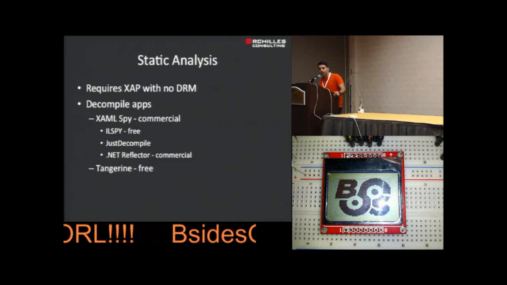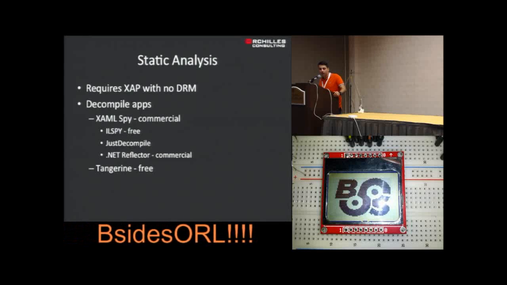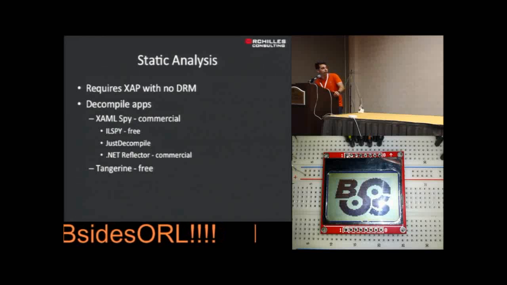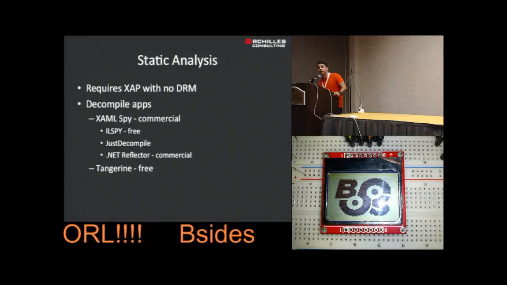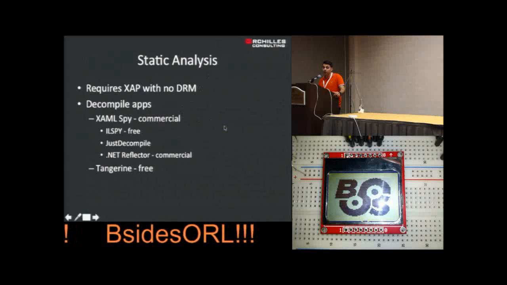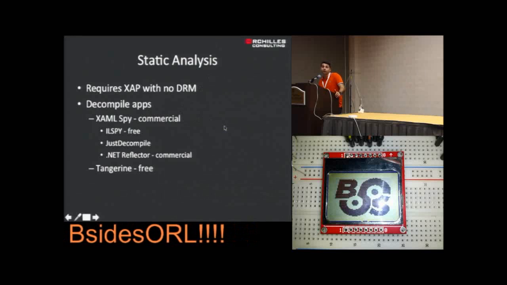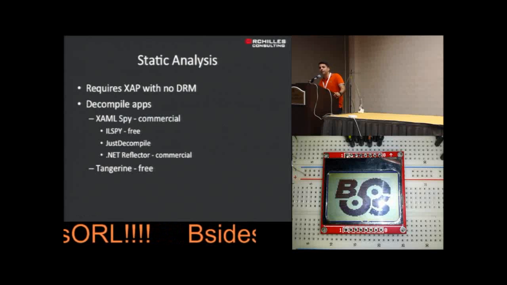There are some free ones that will decompile your app. A lot of people that code in Windows may find some familiar, like Tangerine. But you can look at the static code, the actual source code. Some developers will even just hand you the source code, so you don't even have to decompile it. They'll give you the source code if you have that much leverage, but most of the time, developers won't do this.